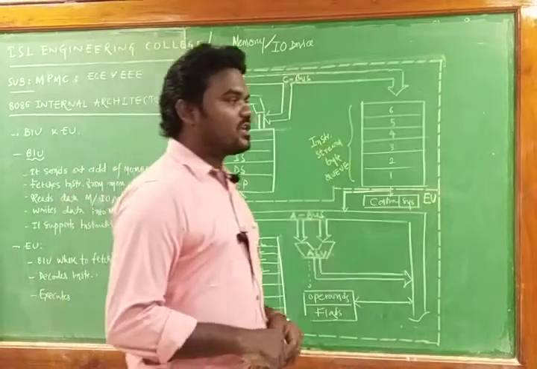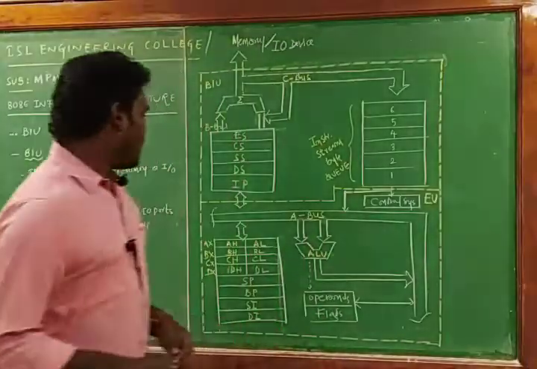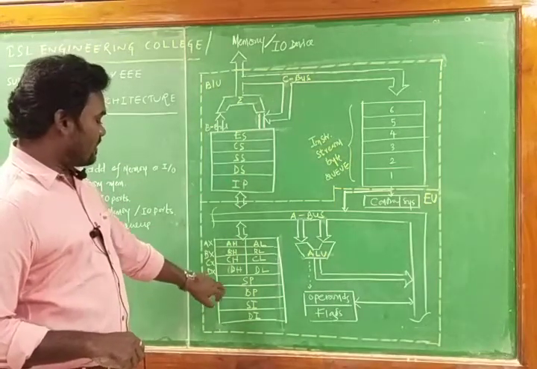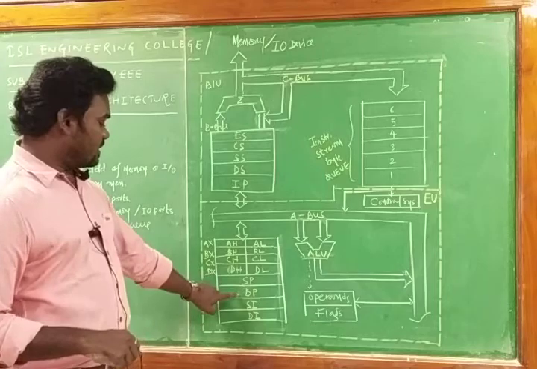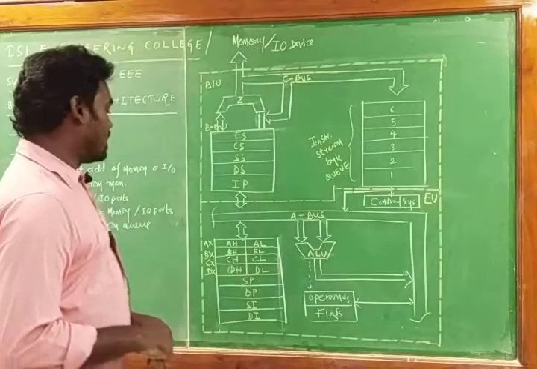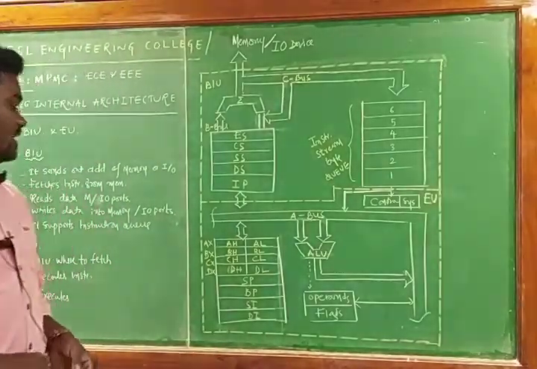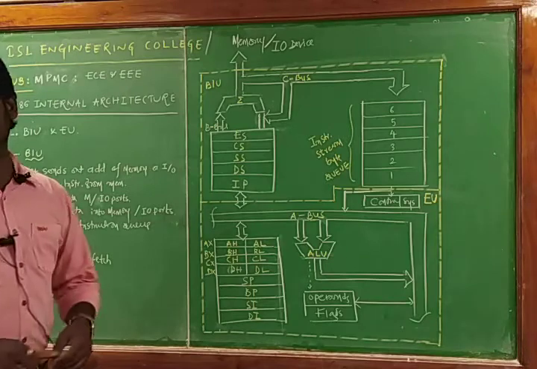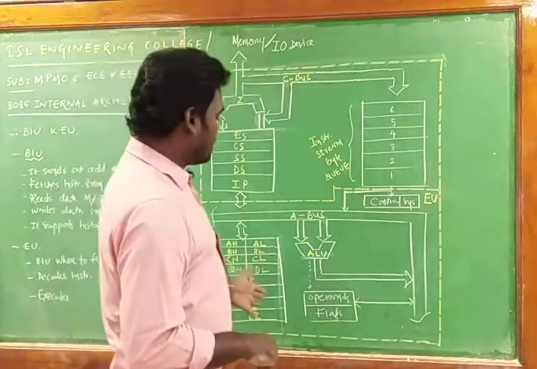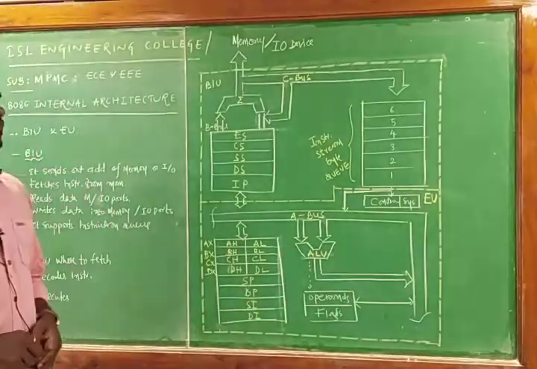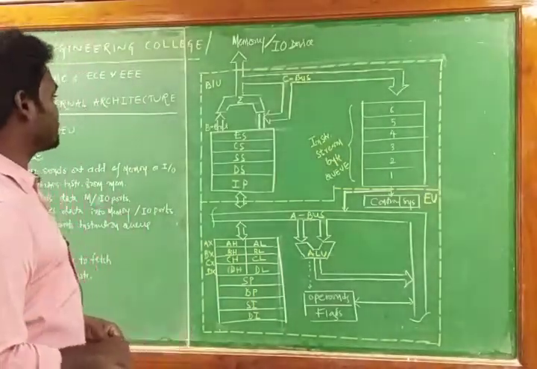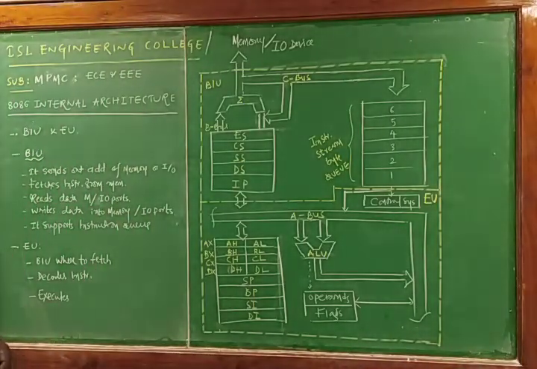The third classification is the pointer registers, that is the source pointer register and the base pointer register. The next one is the index registers, that are the source index register and the destination index register. And one more type of register is the flag register. These 5 classes comprise the 14 16-bit registers in the internal architecture of the 8086 microprocessor.